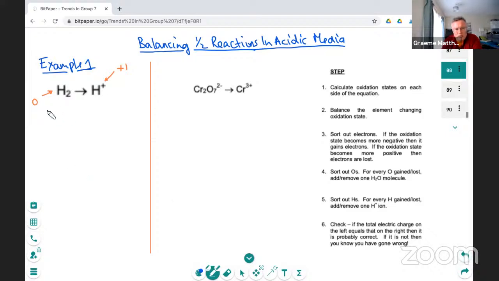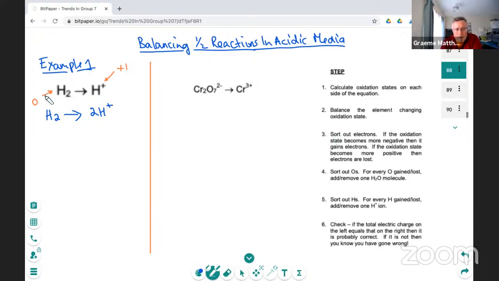So look, hydrogen breaks into 2H+. Now, I do talk about equation state, let me talk about that at the end. All right, chemists, and if I put the oxidation states in, have I balanced the atom changing oxidation state? Yes. Now, I need to sort out the electrons. I'm on the third pointer right here.